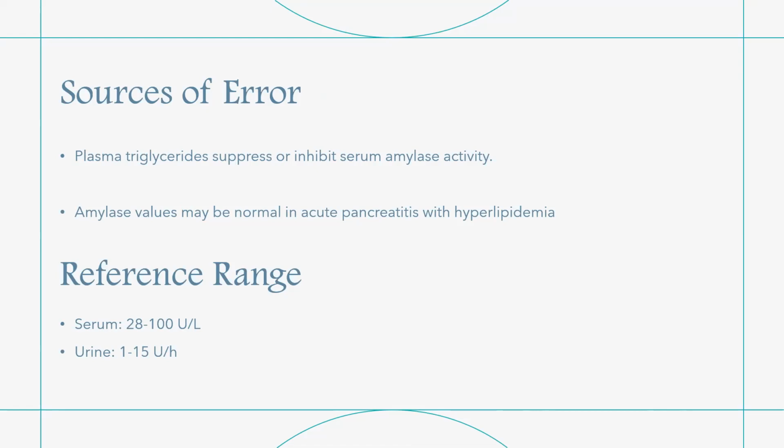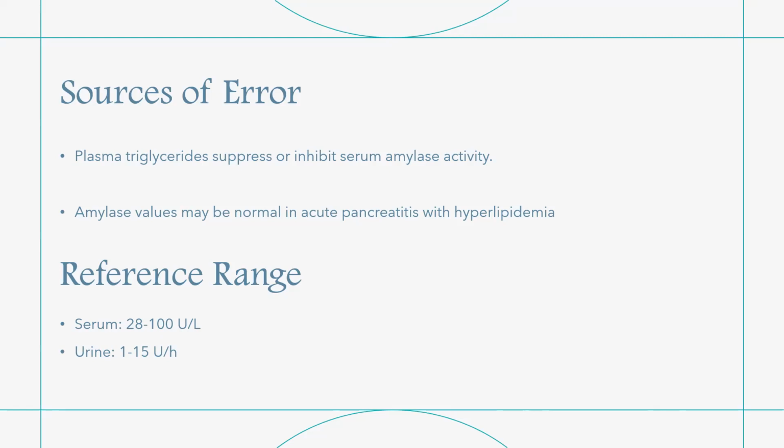Another one is the administration of drugs such as morphine and other opiates for pain relief, which could also affect the levels of amylase because they falsely increase the activity of amylase.